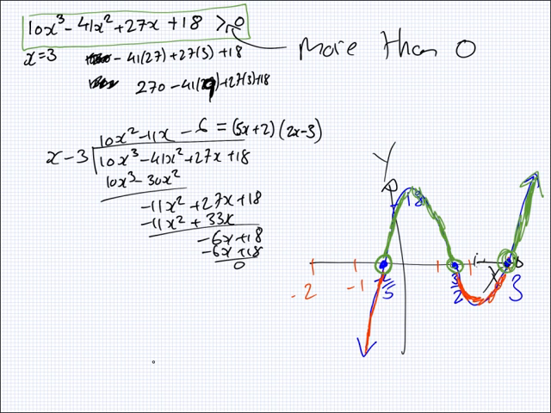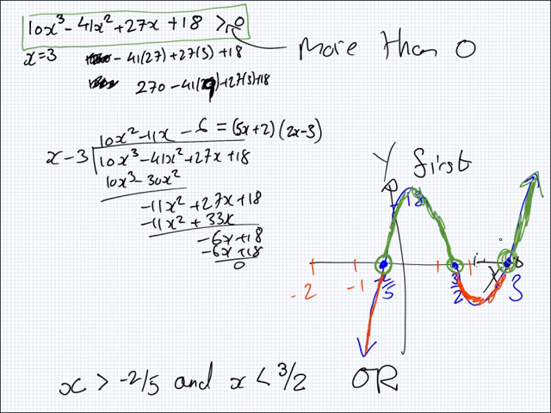So the answer, you would say, first, x should be more than minus 2 over 5, and x less than 3 over 2. This corresponds to the first answer.